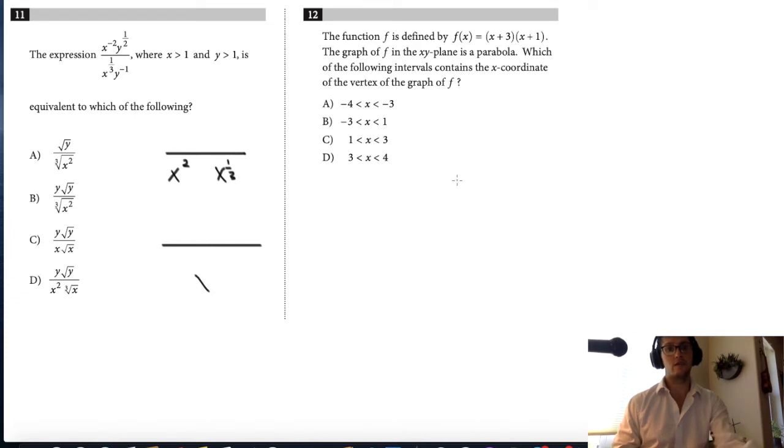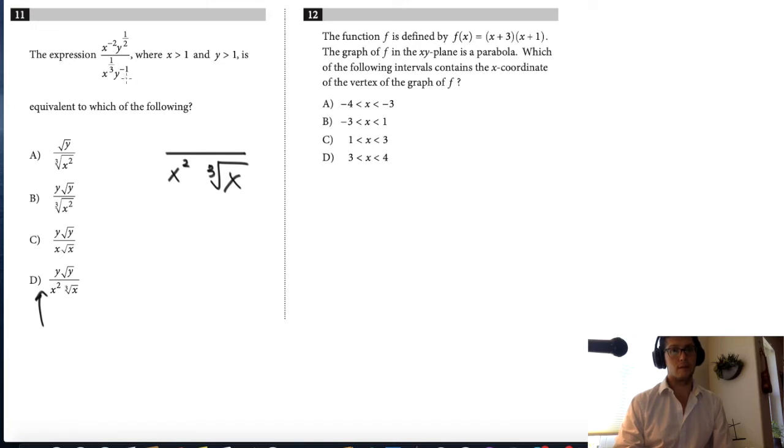So I went with our other way, right? That's why I said the cube root of x. Okay, so I'm pretty sure it's D, but let's finish this problem out. The y to the negative 1 is going to move up the same way the x to the negative 2 moved down. So negatives are ways of writing reciprocals. So you got y to the 1, you got y to the 1/2, which is similar to what happened with our cube root.